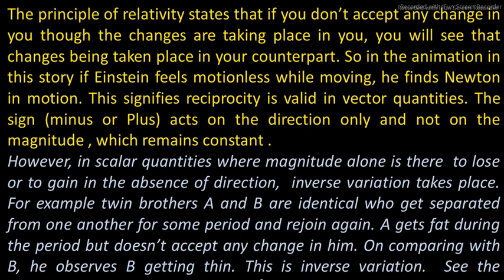However, in scalar quantities where magnitude alone is there to lose or to gain in the absence of direction, inverse variation takes place. For example, twin brothers A and B are identical, who get separated from one another for some period and rejoin again. A gets fat during the period but doesn't accept any change in him. On comparing with B, he observes B getting thin.